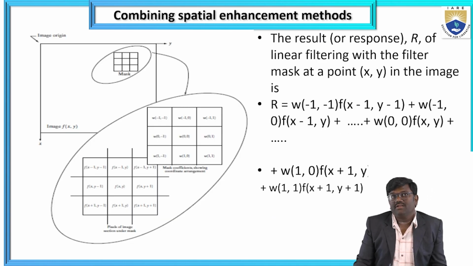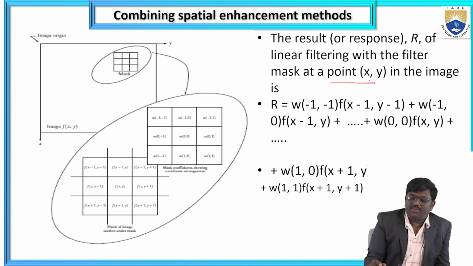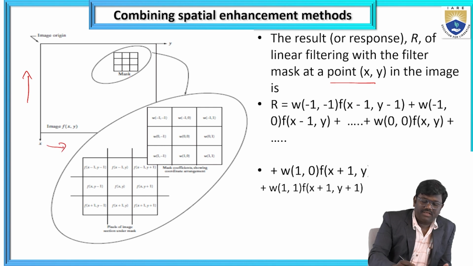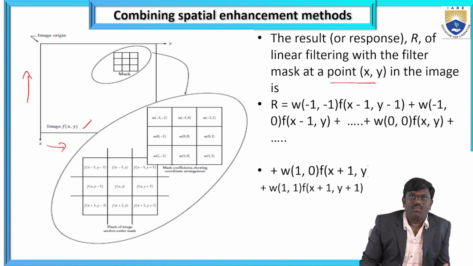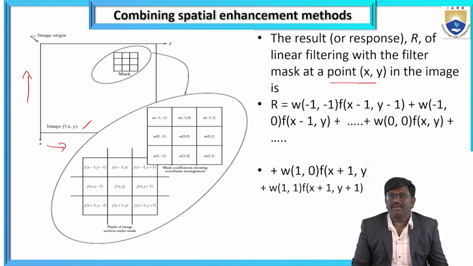Now the linear filtering process is here, which we understand with the help of a point (x, y) in the image that we compare with others. We take the pixel intensity in terms of the object function f(x, y), on a mask over part of the image, by applying this combining spatial enhancement method, which can be written as R = w(-1,-1) f(x-1, y-1) + w(-1,0) f(x, y-1) and so on. We extend this to each and every situation.